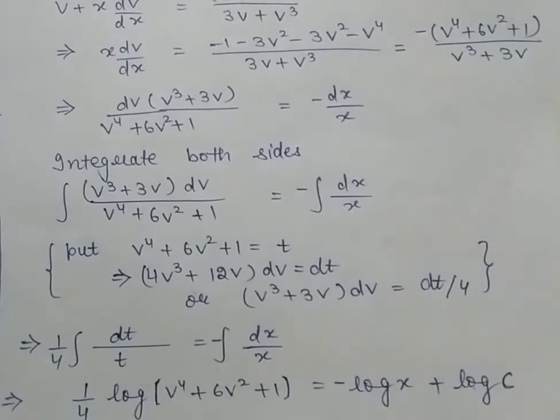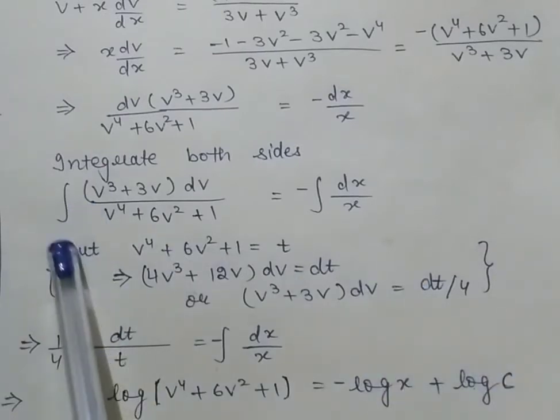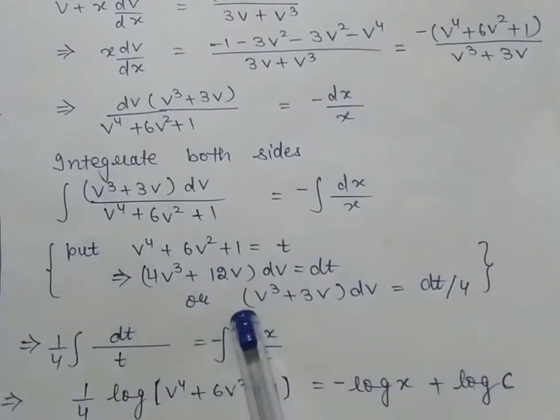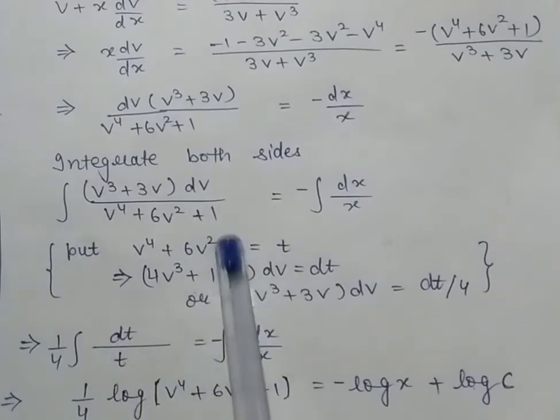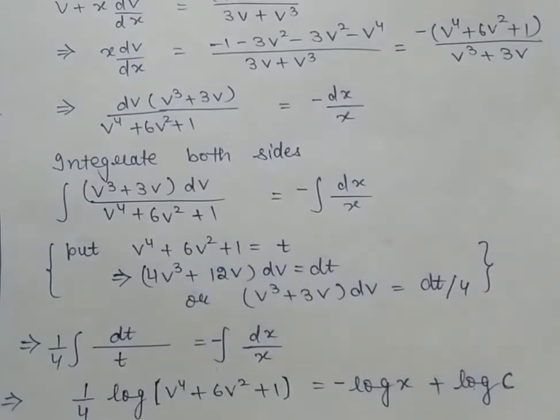Now, so this integral is what? In place of (v cube plus 3v) dv, this is dt by 4, so 1 by 4 dt, and divided by this v raised to the power 4 plus 6v square plus 1 equal to t. So this is t. This is equal to minus integral dx by x as it is.